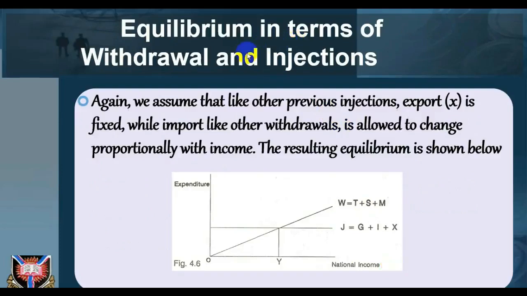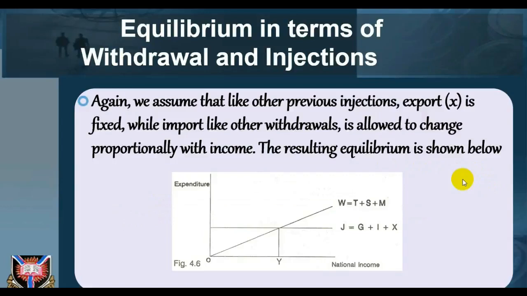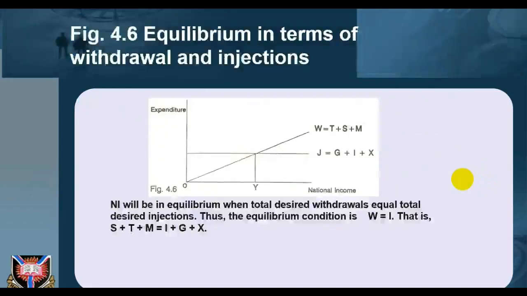Equilibrium in terms of withdrawal and injection. Again, we assume that, like other previous injections, export X is fixed, while import, like other withdrawals, is allowed to change proportionally with income. The resulting equilibrium is shown below. If withdrawals are less than injections, there will be a net expansionary force in the economy. Income will rise. This will also make tax, savings, and imports rise.